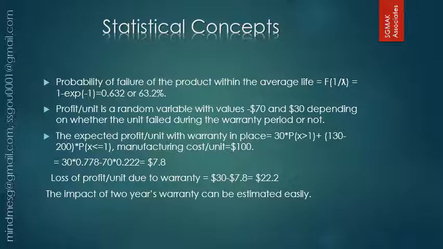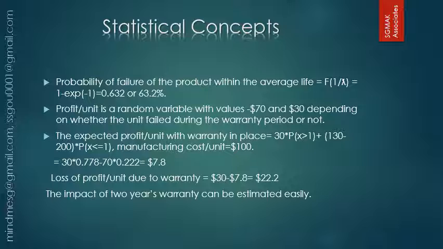You're losing quite a bit when a product fails, because you're losing $70 per unit that fails. You're only making $30 profit if it passes the warranty period, and that's because of the data. So, loss of profit due to warranty. If I didn't offer warranty, I would have made a profit of $30.